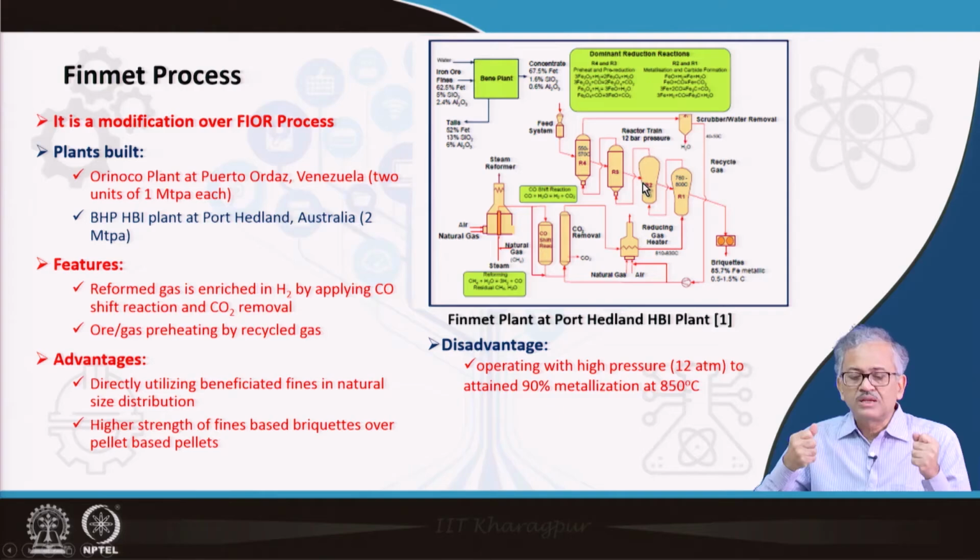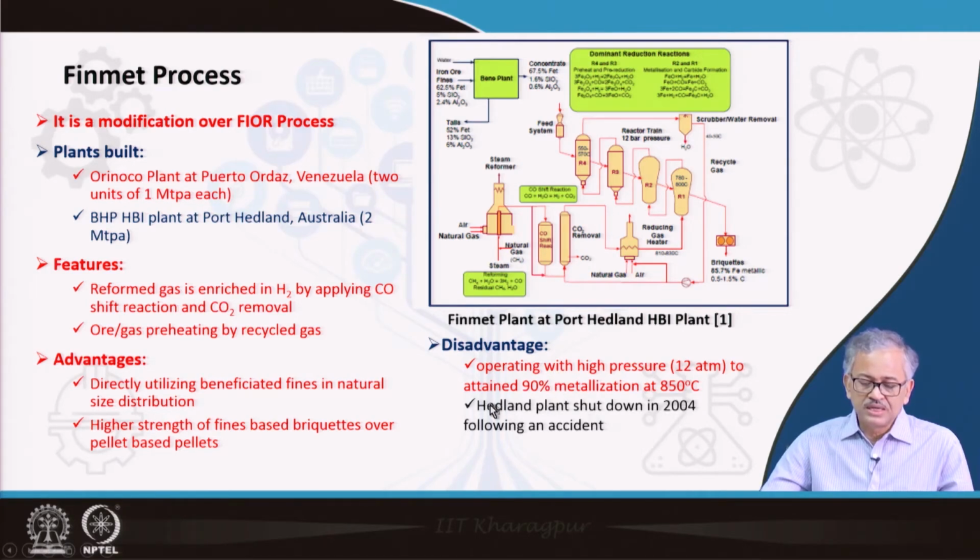Obviously, at high pressure your reduction reaction will move in the forward direction, because the reactant concentration will be high, so you can carry out this reaction faster. So maintaining this high pressure for attaining 90% metallization, the control and the charging in the reactor, all this becomes difficult, and operation becomes difficult.